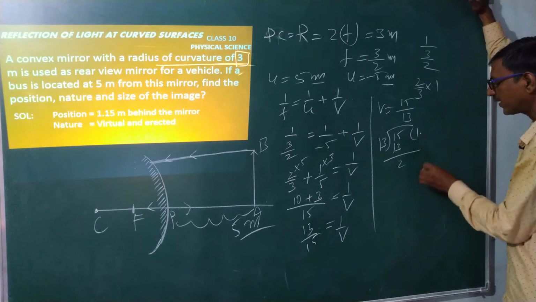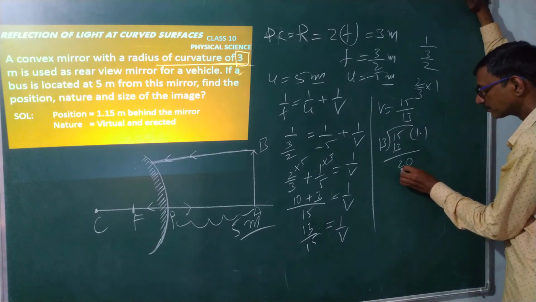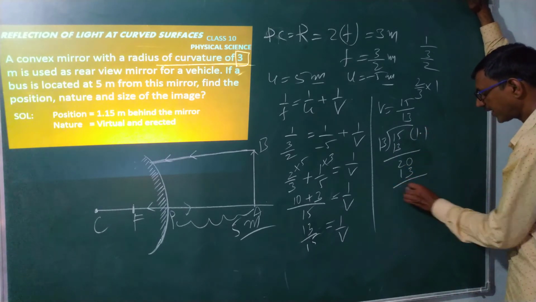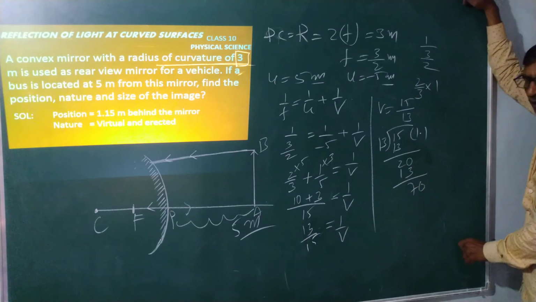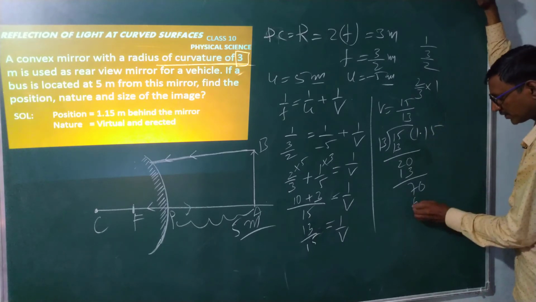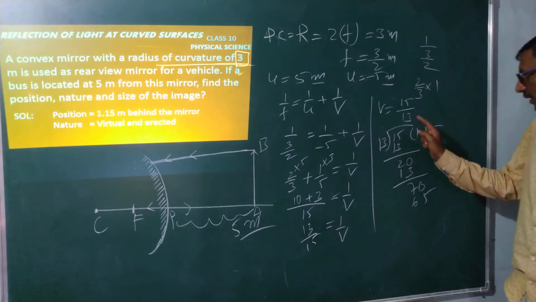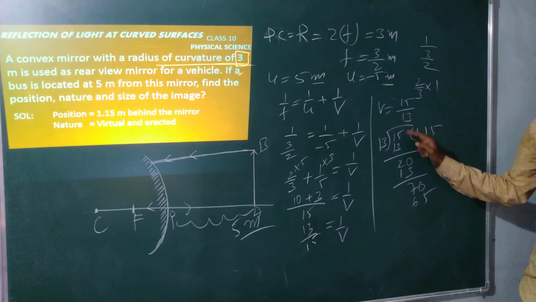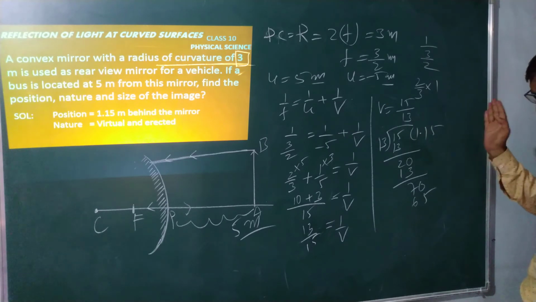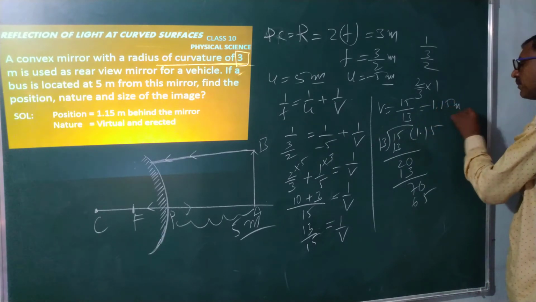Okay, keep the decimal point and keep 0 here. 13 times 1 is 13, we get 7. Okay, again keep 0. 5 times 13 is 65. Since it is non-terminating and repeating, it will repeat somewhere. I would like to take the nearest value. The approximate value is 1.15 meters.